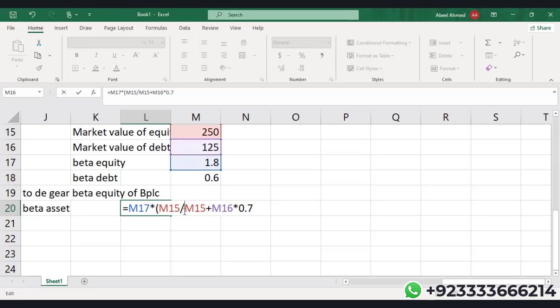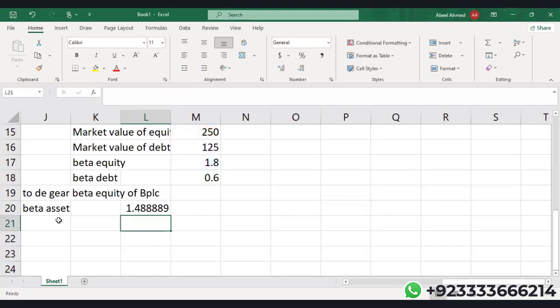Then I'm going to take this in the bracket and bracket close, plus beta debt multiply by market value of debt into 1 minus tax rate, divided by market value of debt into 1 minus tax rate plus market value equity, bracket close, and then bracket close.